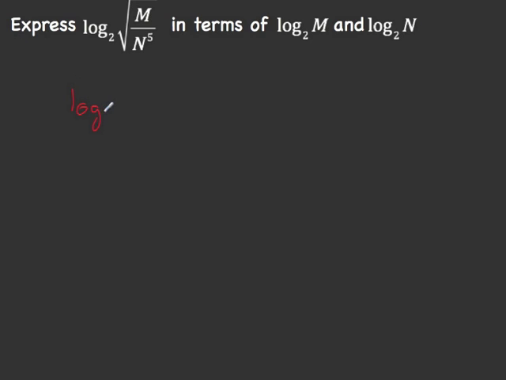So log base 2 of the square root of m over n to the 5th, well, since it's to the 1/2, log base 2 of m to the 1/2 over n to the 5/2. This will make life easier as we start separating things out.